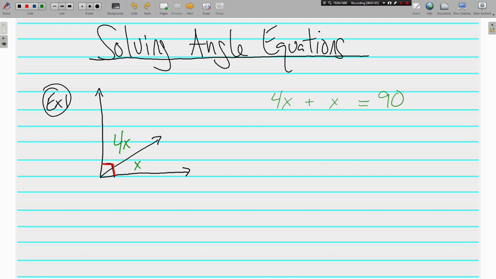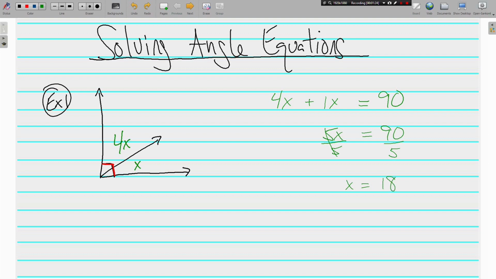And we're just going to solve like we already know how to do. 4x plus 1x is 5x is equal to 90. And to get x by itself, we'll divide by 5. X is equal to 18.